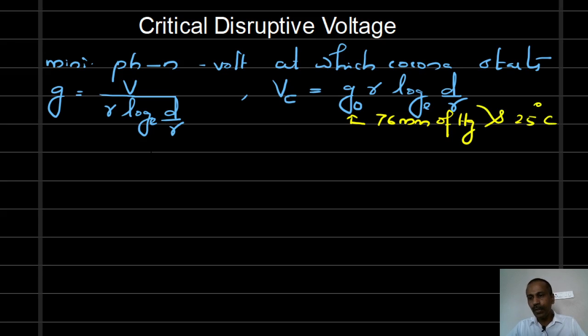If you want to find out the critical disruptive voltage at an atmospheric condition other than the standard values, then the Vc becomes delta into G0 R log D by R, where delta is called the air density factor.